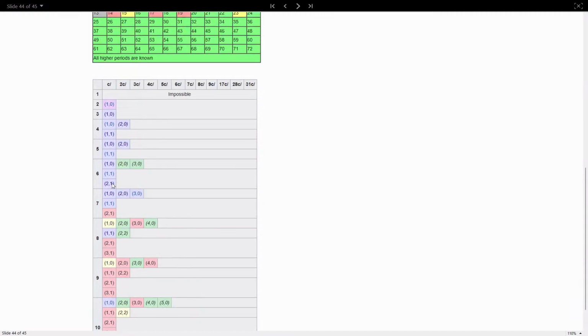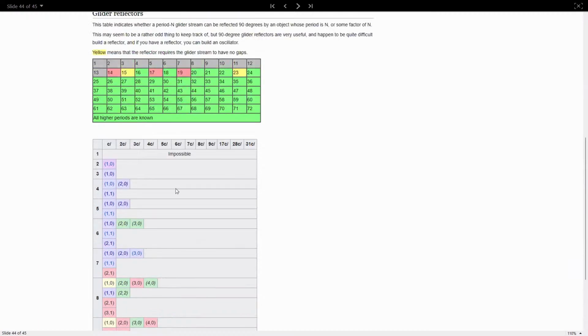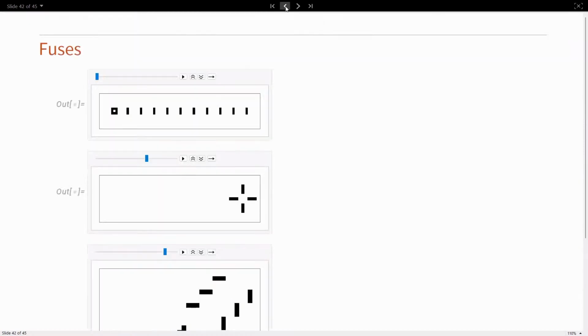The first of these 2-1 items was the Sir Robin spaceship, which was found a few years ago. And that's one of the things in the spaceship table, which I'll be glad to show here. Let me see if I can find that.